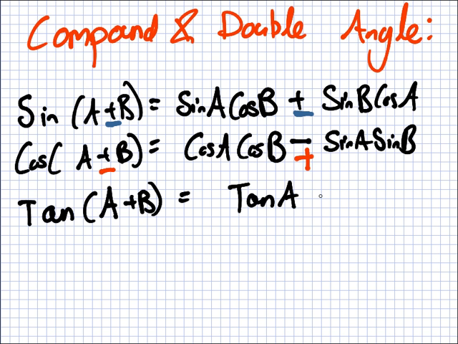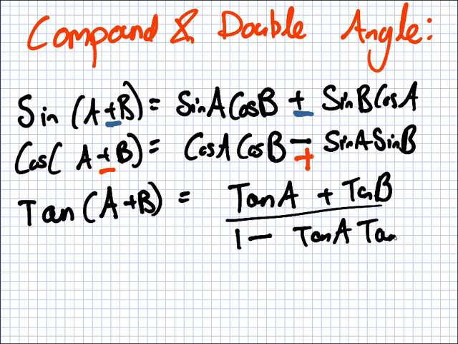Yeah, it's tan A plus tan B over 1 minus tan A tan B. Okay, and again, if you change the sign, so if you were to write a minus here, this would become a minus and that would become a plus.